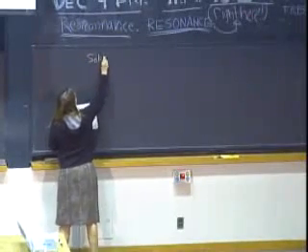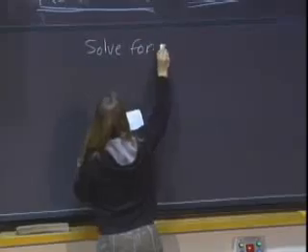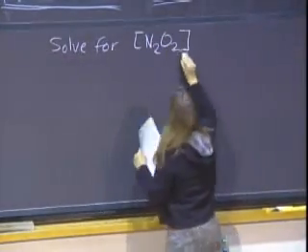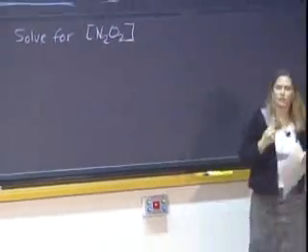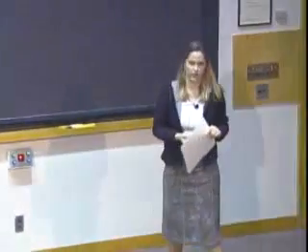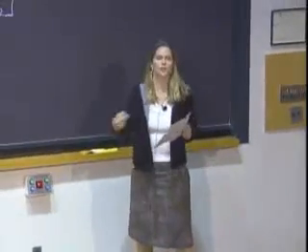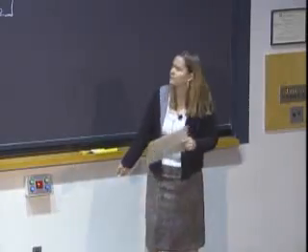So now let's solve for the intermediate. And we want to solve for this intermediate in terms of things that are not intermediates. So we want to solve for it in terms of reactants or products or rate constants.